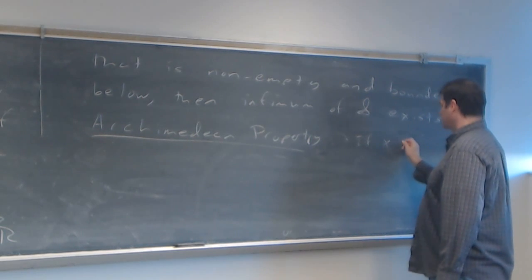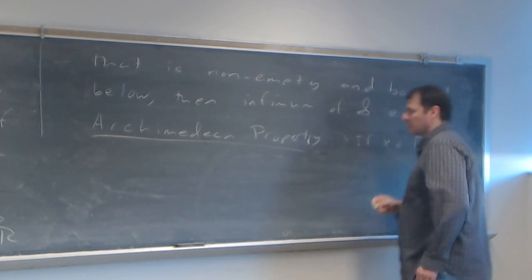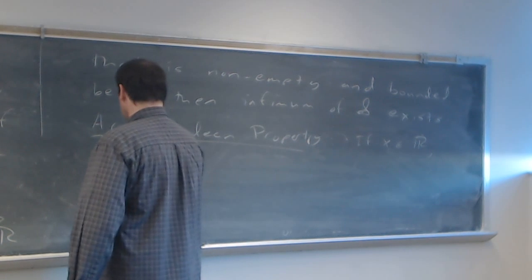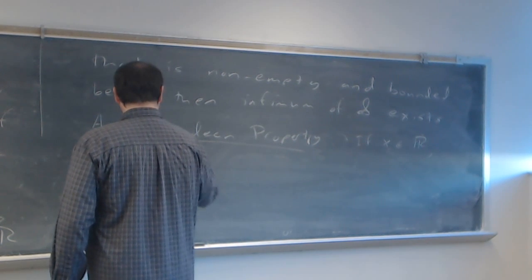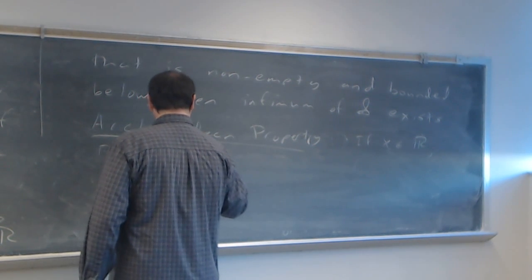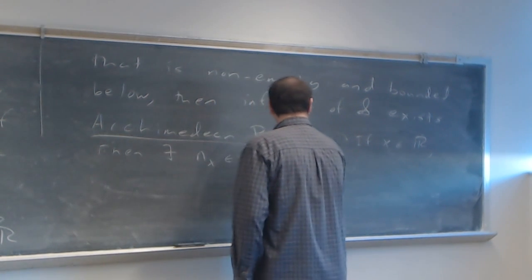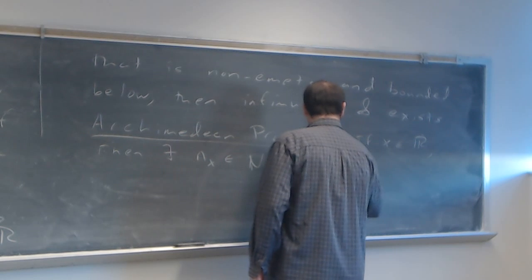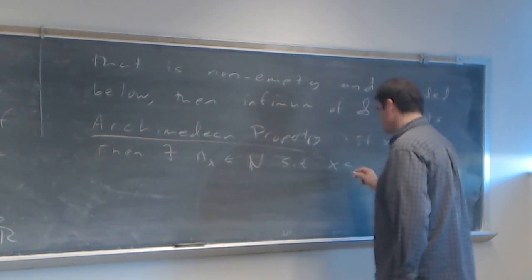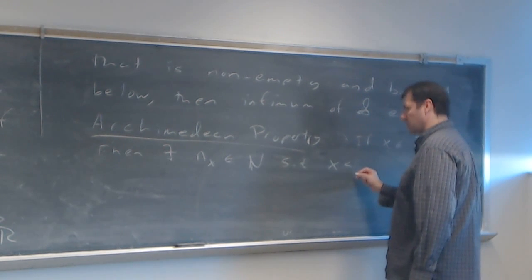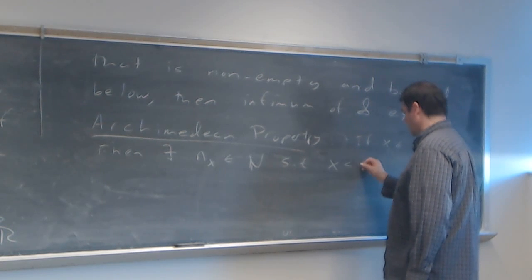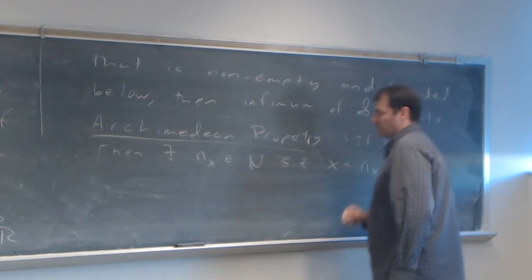If x is an element of R, then there exists an n sub x, an element of the natural numbers, such that x is less than or equal to n sub x.